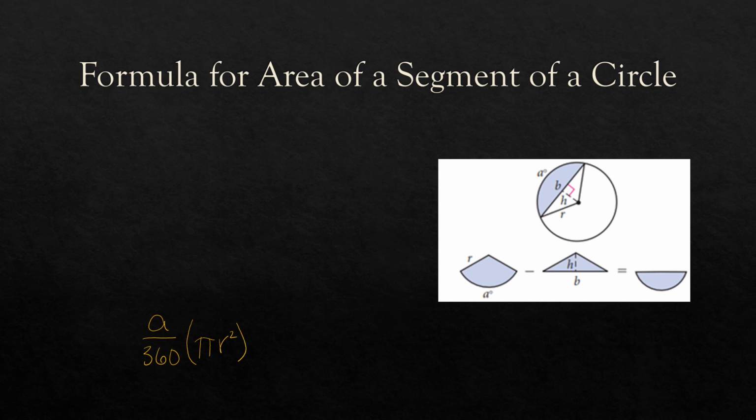That's the sector. Now we're going to subtract the triangle. The triangle has a base and a height, so 1/2 base times height. So the area of the sector, which is the fraction of the circle times the area of the whole circle, minus that triangle, 1/2 base times height, is the area of the segment of a circle.